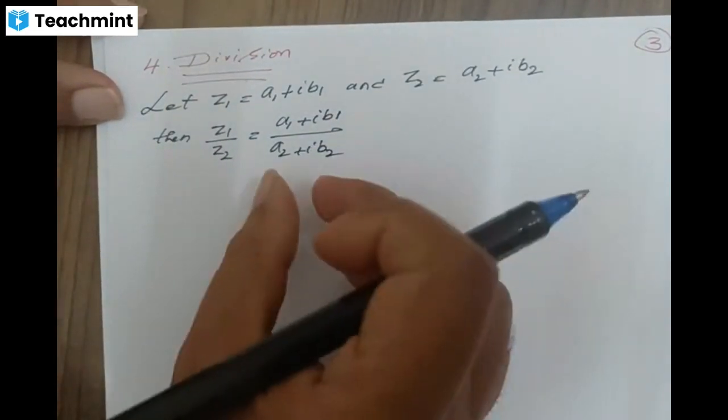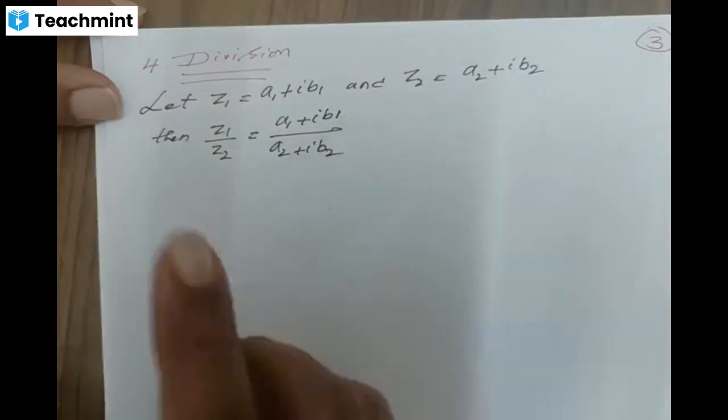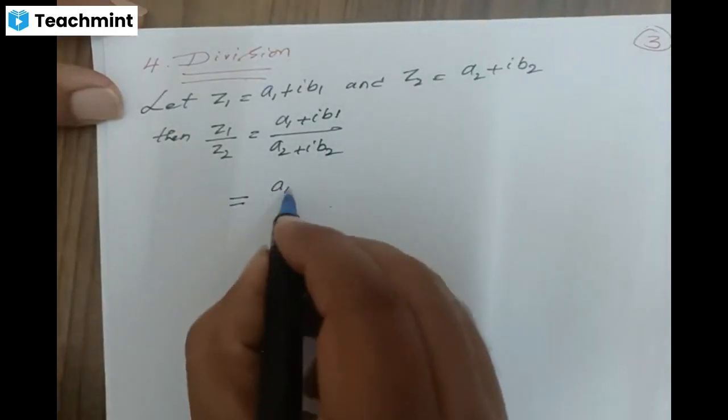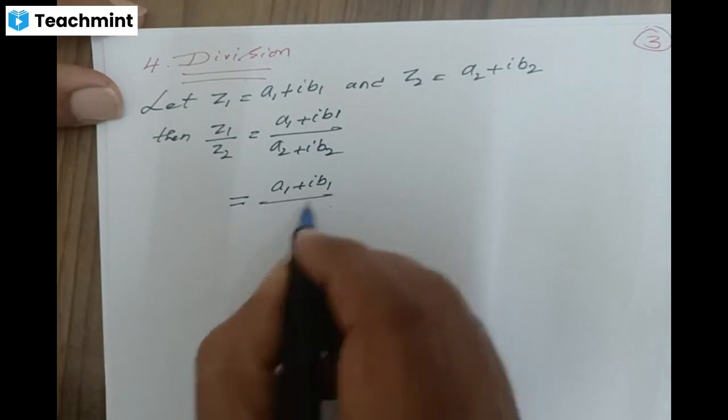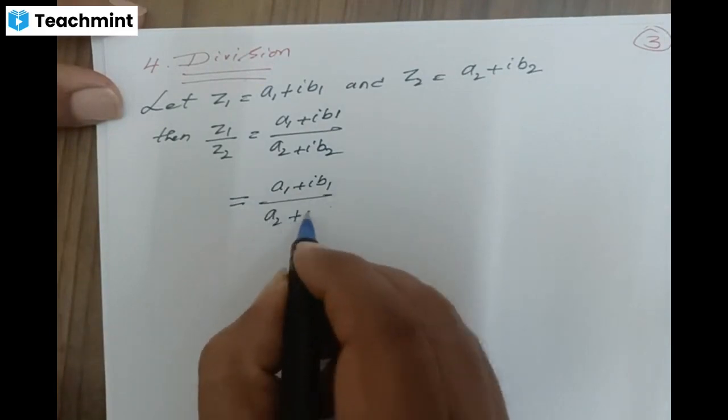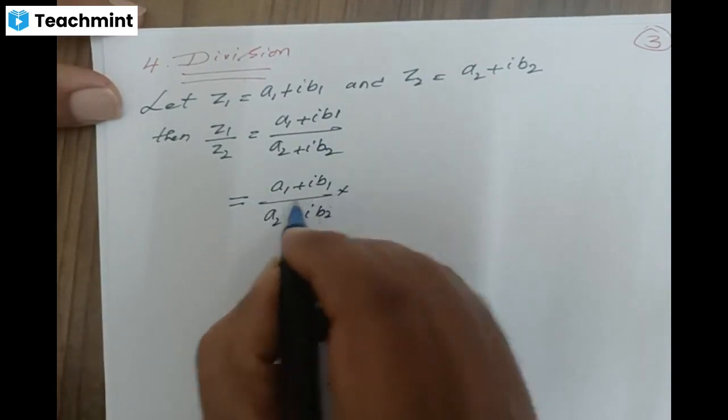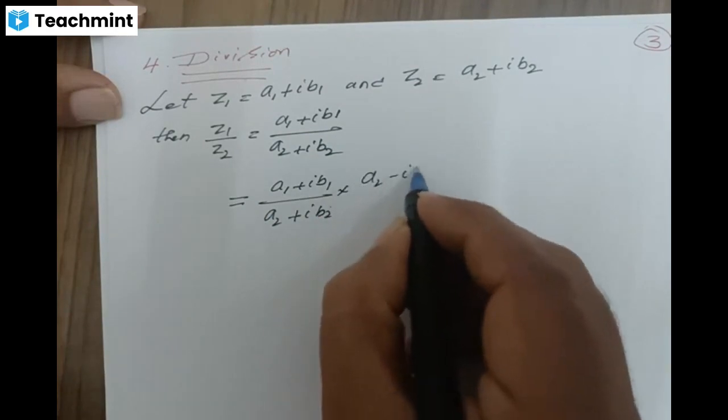So then you take the conjugate, that is multiply and divide. a1 plus i b1 divided by a2 plus i b2. The denominator conjugate means a2 minus i b2.